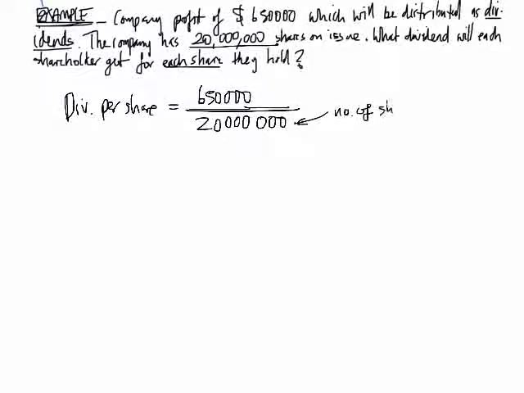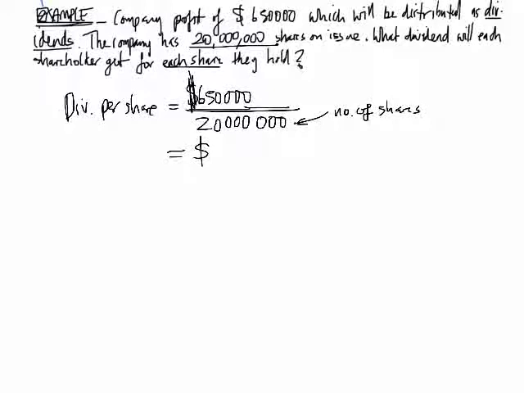So please don't make that mistake if you're having a look at that example. They're dividing the profit of 650,000, which is in dollars, by 20 million little pieces. I'll just check on my own calculator, because now I don't trust the book's answer.